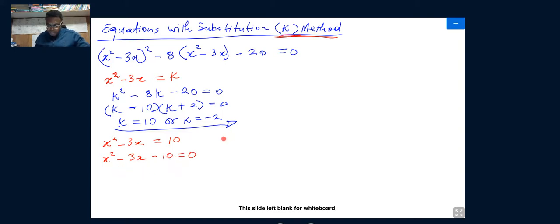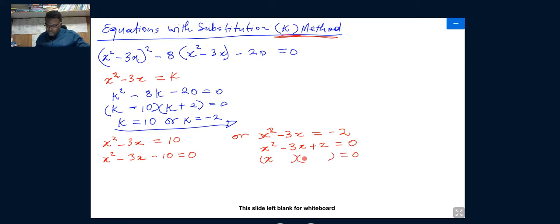You do the same for x squared minus 3x equal to negative 2. x squared minus 3x plus 2 is equal to 0. You are going to factorize.